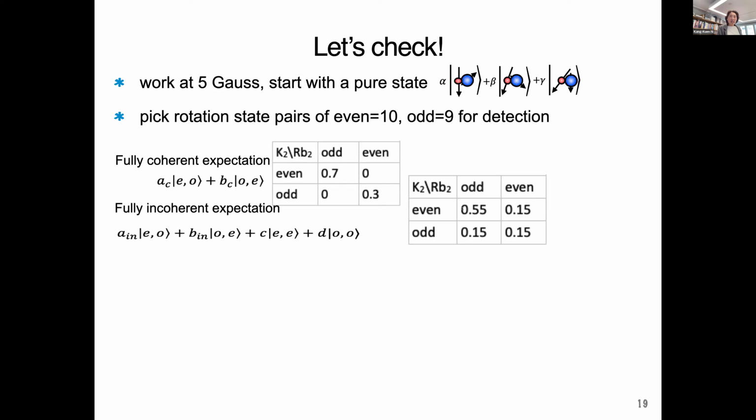You can note that if we didn't have a way to distinguish the reaction from the same event, if I just say potassium is in the even, I don't care about rubidium, and sum these up, you can see that we're not able to distinguish the process being coherent or incoherent. So it's very important to be able to do the coincident detection to tease out that non-trivial quantum correlation.